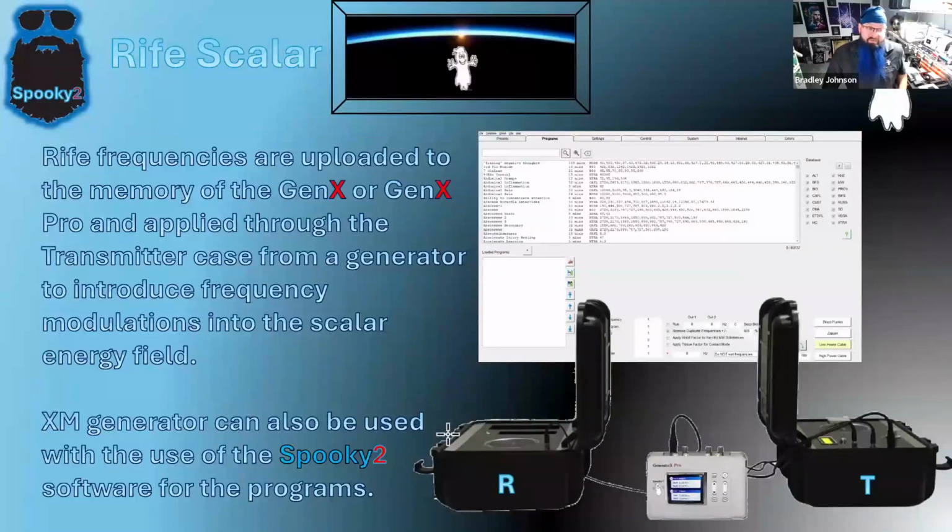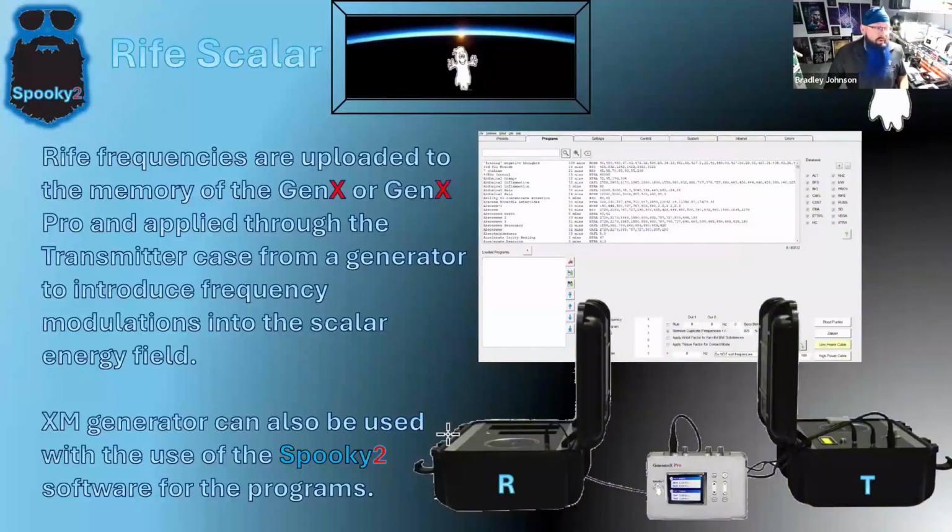However, if an individual has a specific issue or case where adding a frequency would benefit their session, then by all means, I would save that particular frequency into the memory of a Gen X or a Gen X Pro system, and then pipe it from there directly into the transmitter as they were running their scalar session.